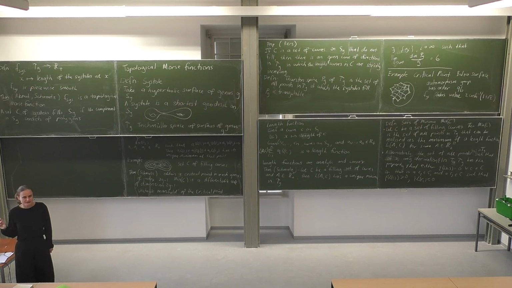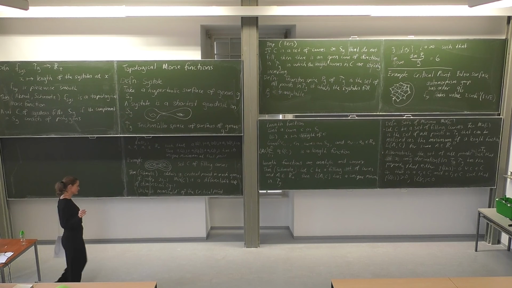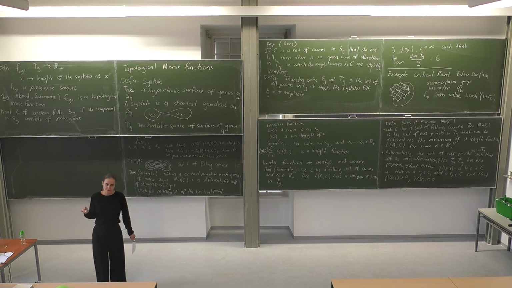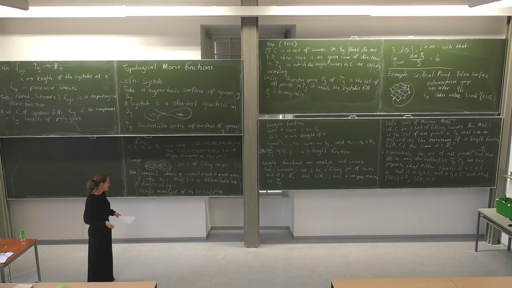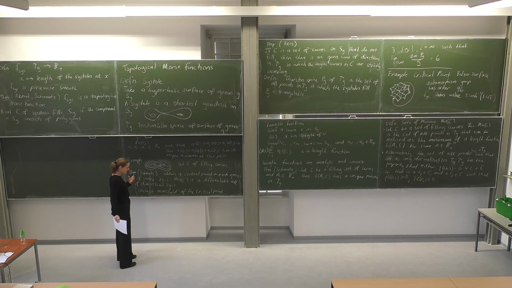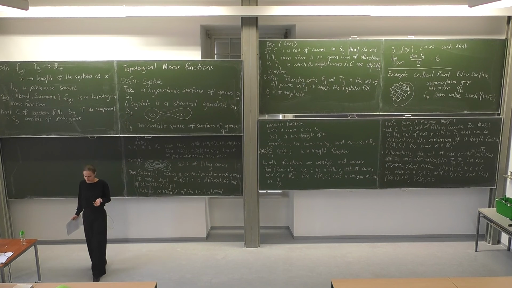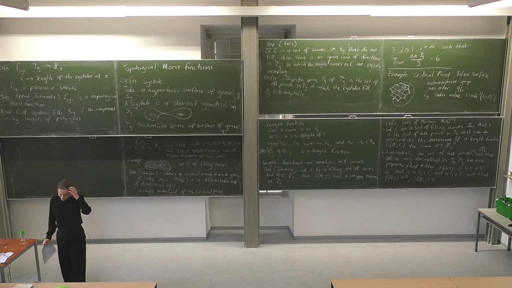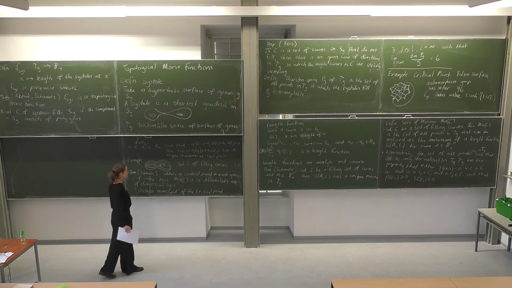So strictly speaking, the stable manifolds and unstable manifolds might not really be defined uniquely. In practice, that's not a problem because you can choose them to be mapping class group equivariant, and then they tend to be unique, as in this case.